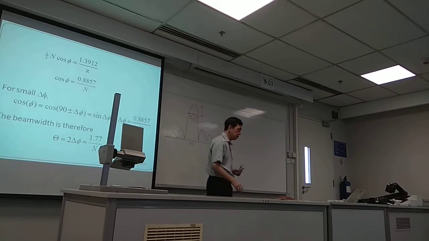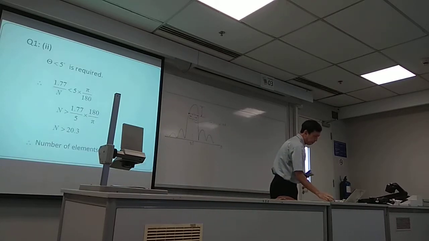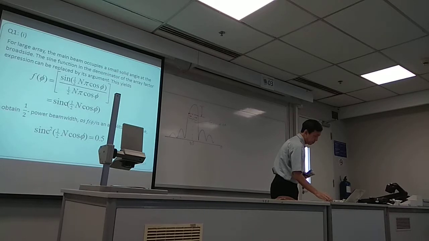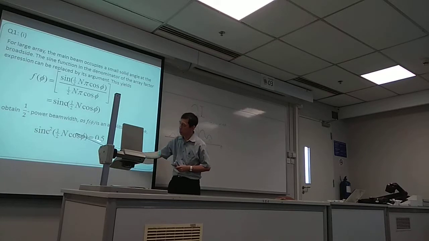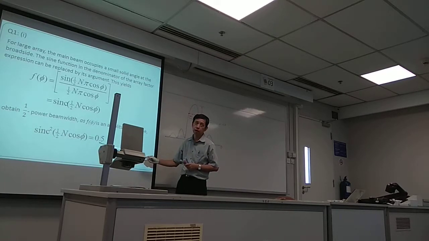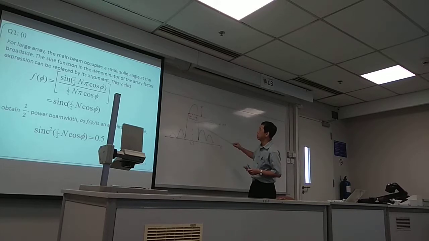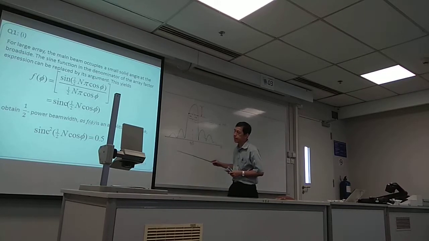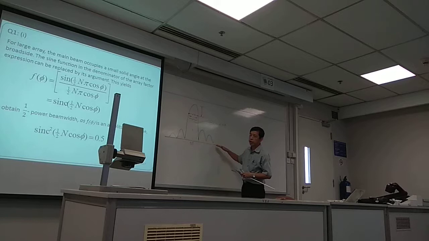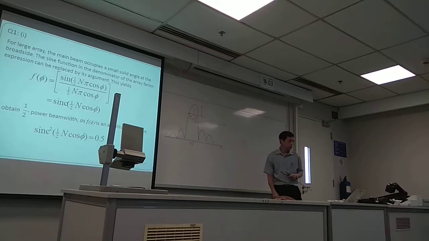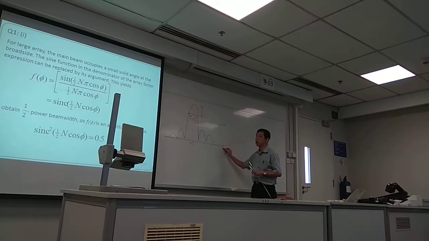Okay, so from the equation here, we have equated the power response to 0.5. So this is your power response. Right? Next we are supposed to find phi. This horizontal axis is the variable phi, so I should change it to phi. So this is the phi value.